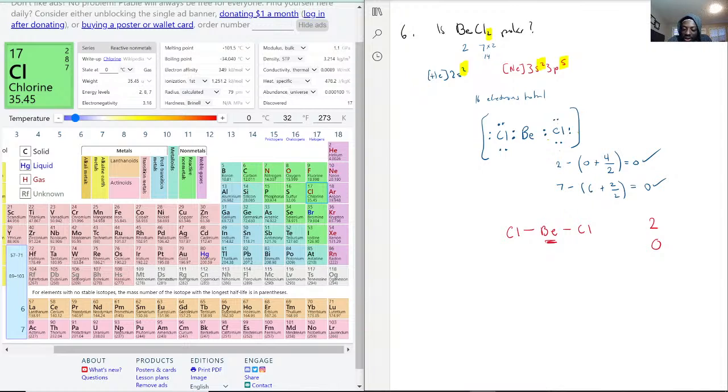So this is going to be a linear electron geometry. And because of linear electron geometry, even though these two are indeed polar, the chlorines are where the negative charge will be situated, because you see all the electrons there, okay?